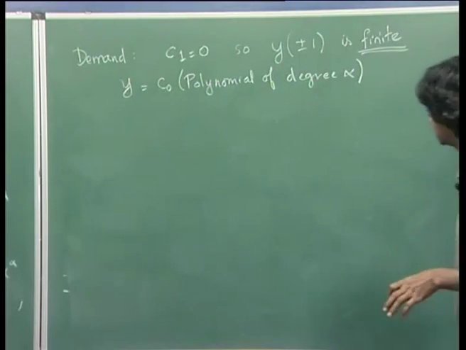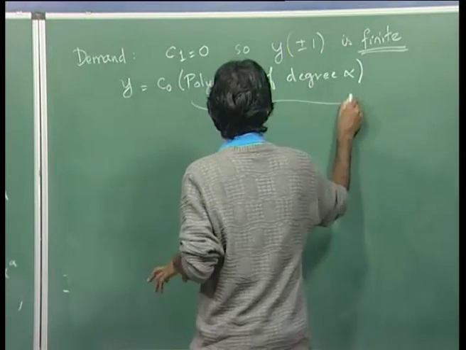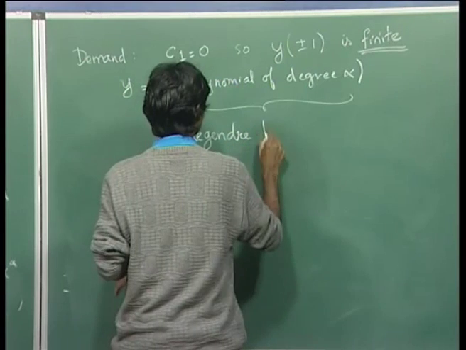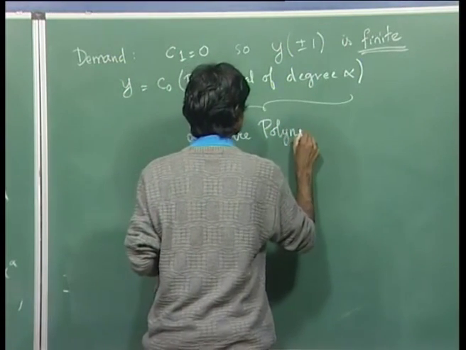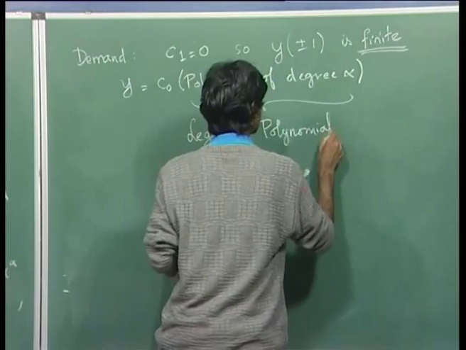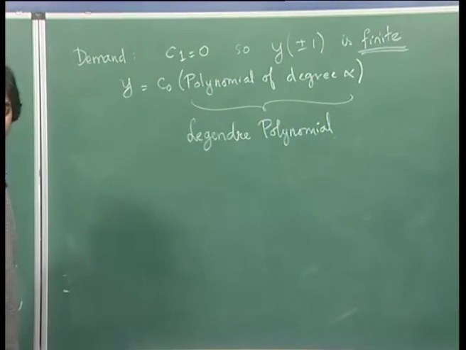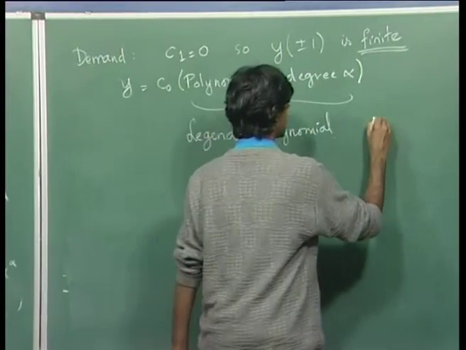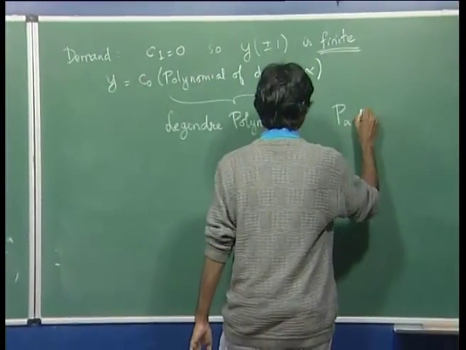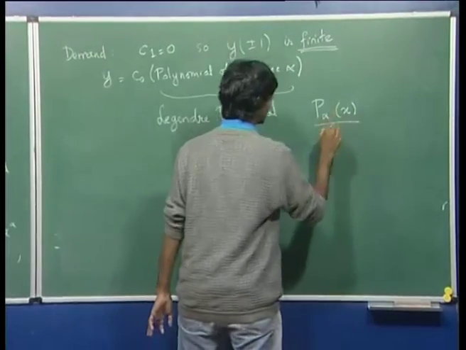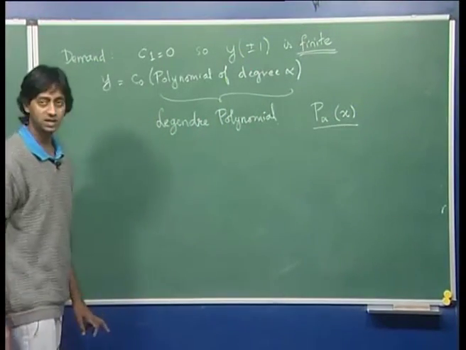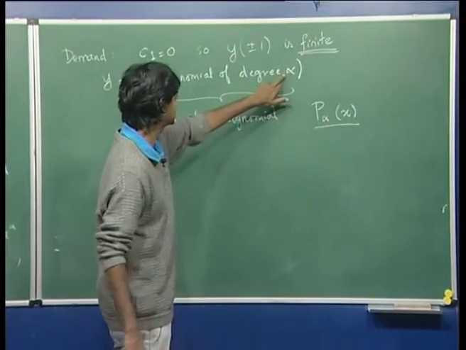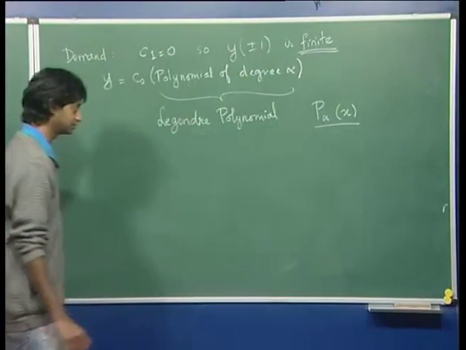And this polynomial of degree alpha is called the Legendre polynomial. It is a function of x, denoted by p alpha of x. It is a polynomial function, and alpha is there because it is a polynomial of degree alpha.